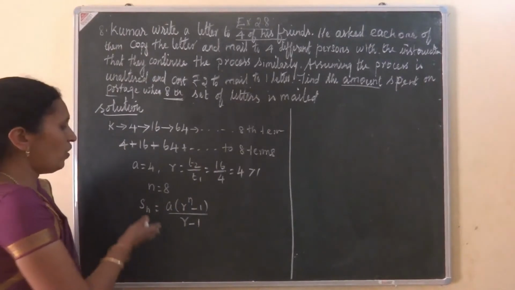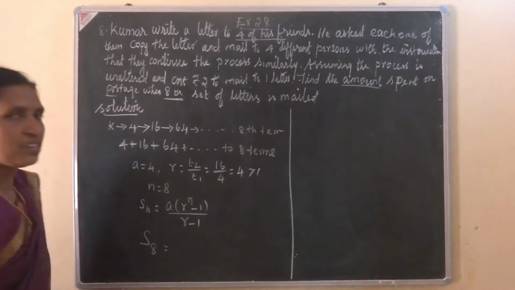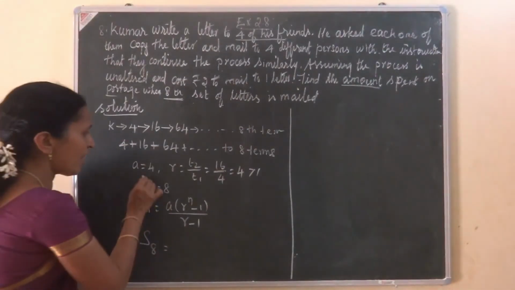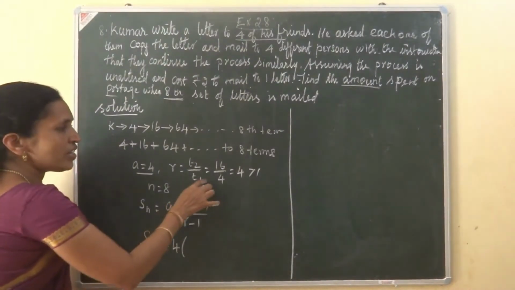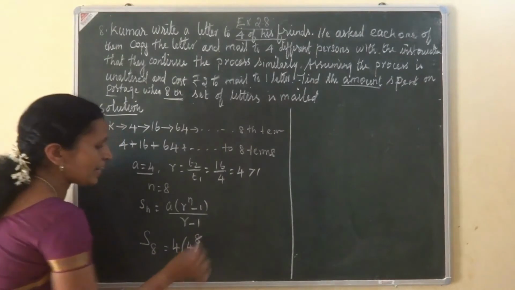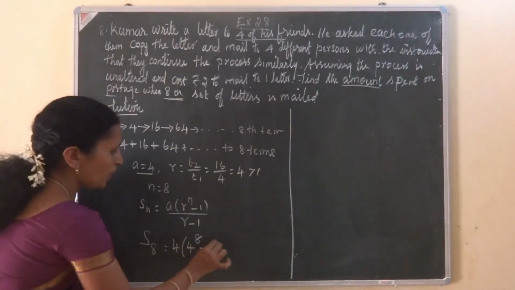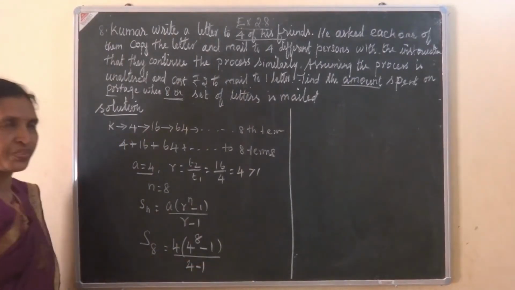So you have to find now S8. What's the value of a? a is 4. 4 into r power n minus 1 divided by r minus 1, r is 4, n is 8, so 4 power 8 minus 1 divided by 4 minus 1.